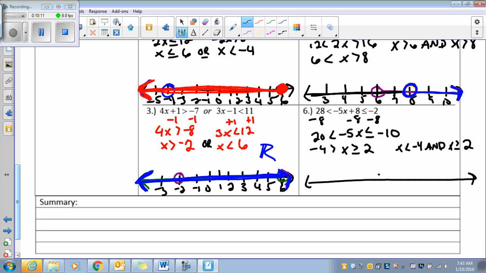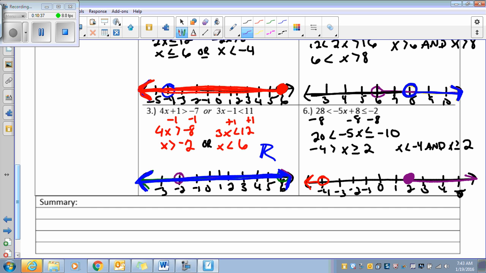So let's graph this: 0, 1, 2, 3, 4, 5. Negative 1, negative 2, negative 3, negative 4. Alright, so let's graph x is less than negative 4. And we can graph x is greater than or equal to 2.